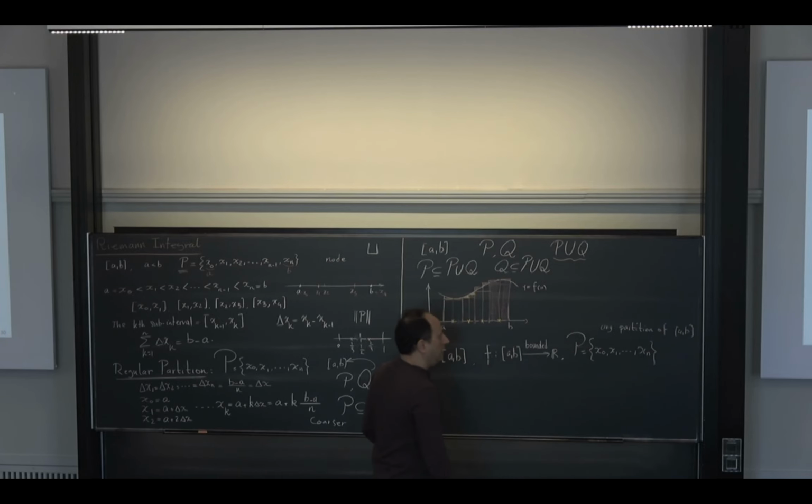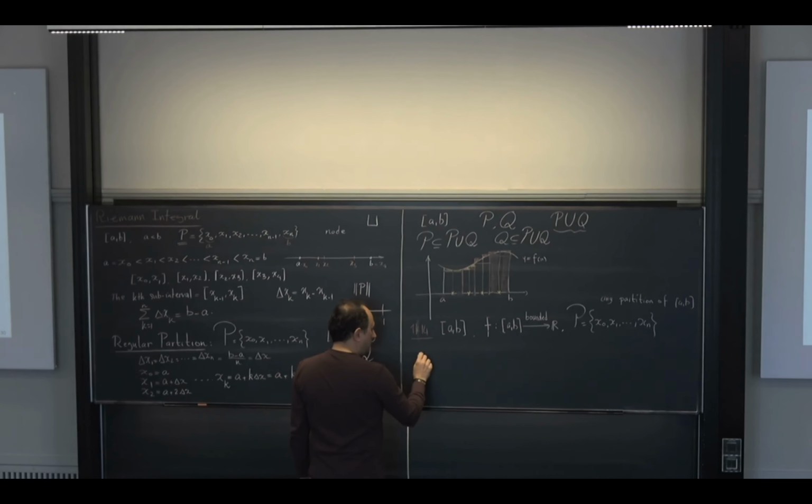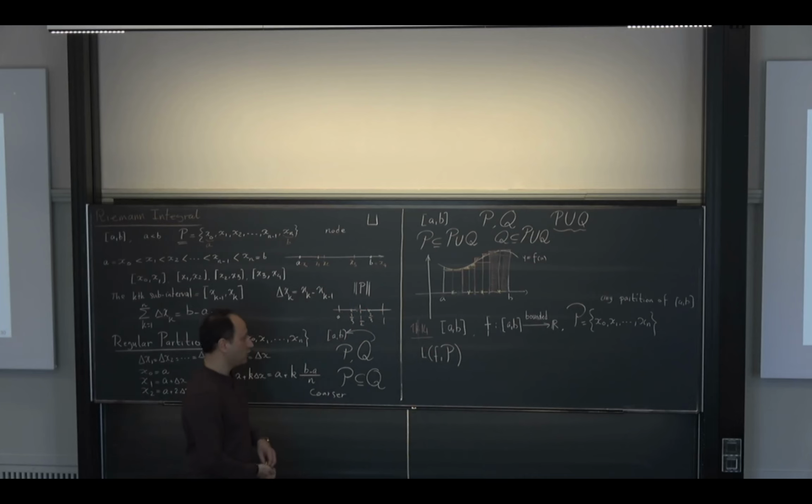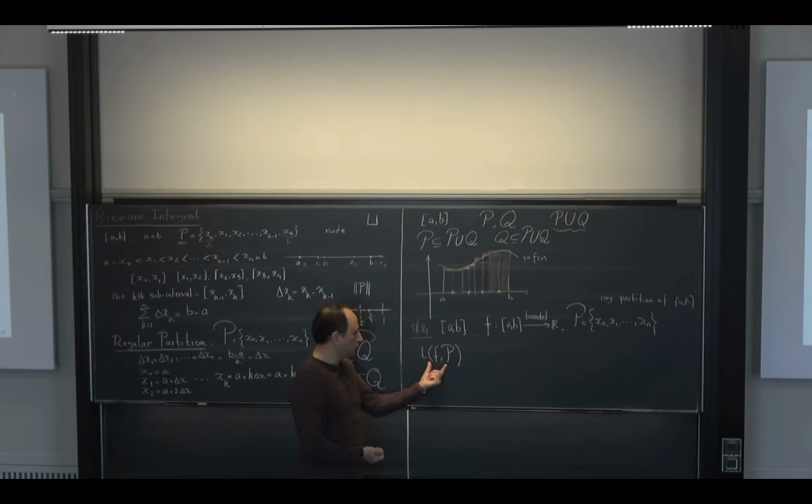Now when I give you all these things, then I can ask you what is the lower sum of f with respect to that partition. So the lower sum is a real number that has two inputs, and it gives you a real number. You have to give what function it is. You have to give on which partition you are working.